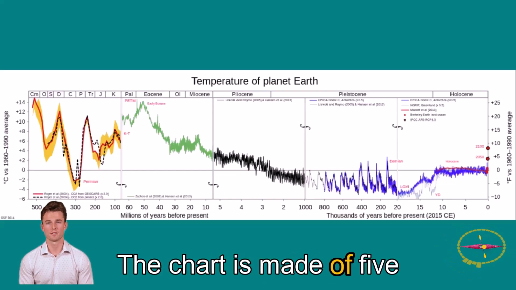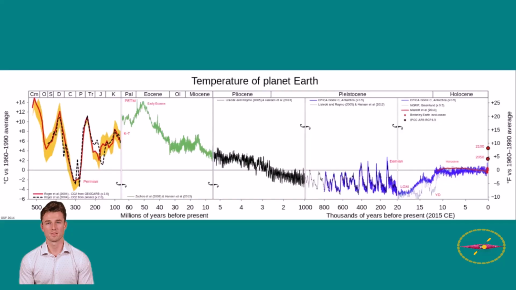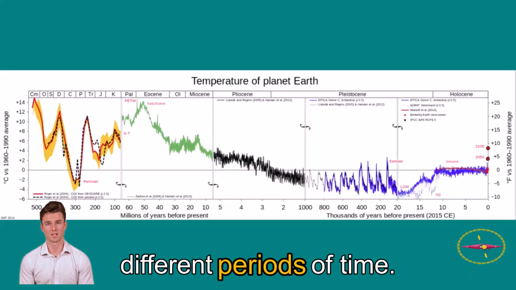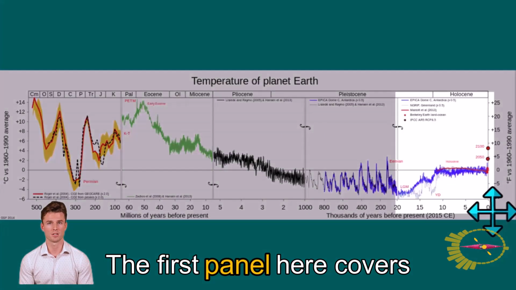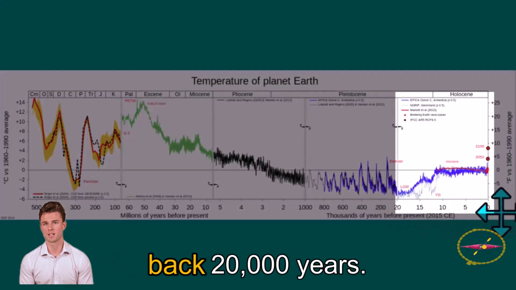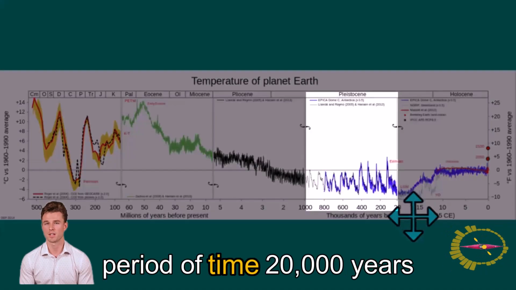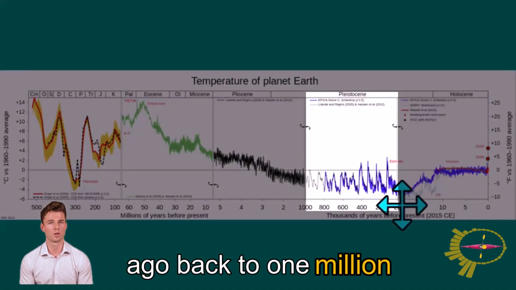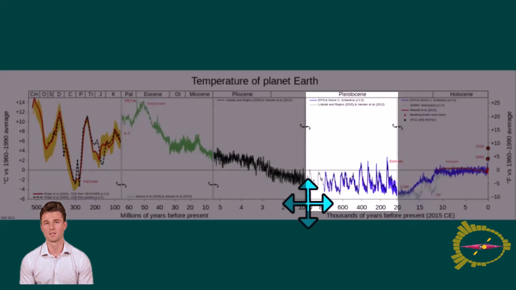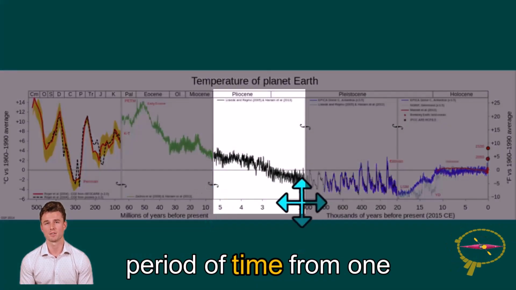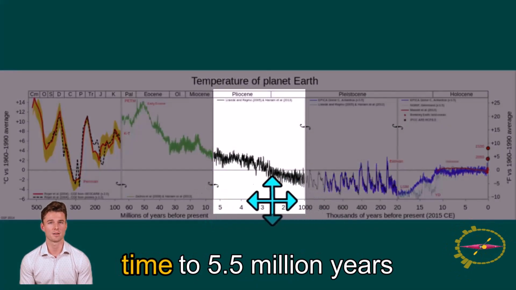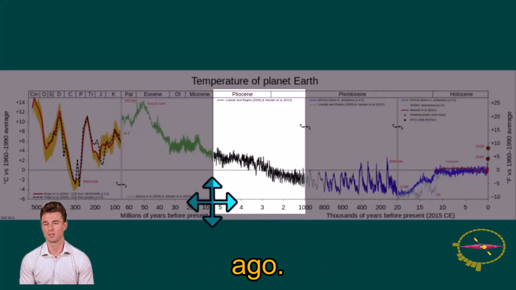The chart is made of 5 separate panels. The panels cover different periods of time. The first panel here covers the period from the present back 20,000 years. The next panel covers the period of time 20,000 years ago back to 1 million years ago. The third panel covers the period of time from 1 million years ago back in time to 5.5 million years ago.